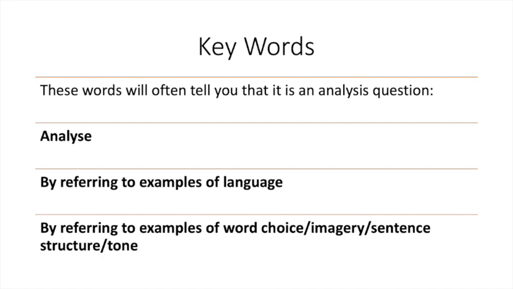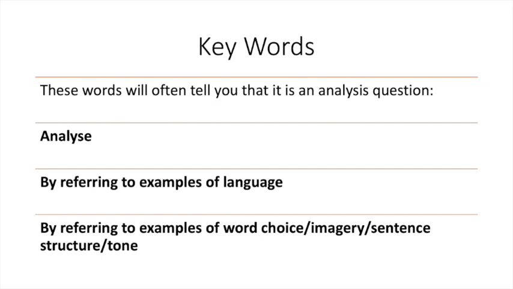Let's think about keywords. If you're doing a close reading, there will often be keywords in the question that will help you to work out what type of question that it is. For analysis questions, you're looking out for words like analyse, by referring to examples of language, and that tends to mean quote, and by referring to examples of word choice, imagery, sentence structure, or tone.